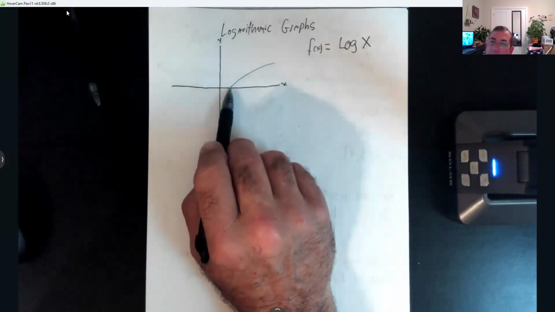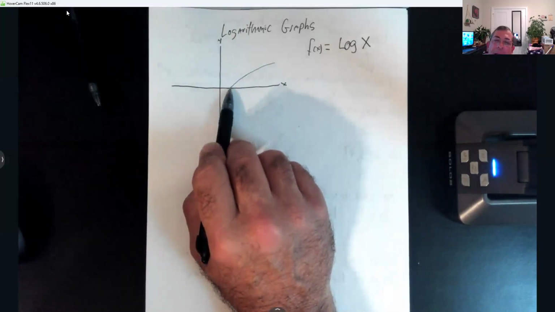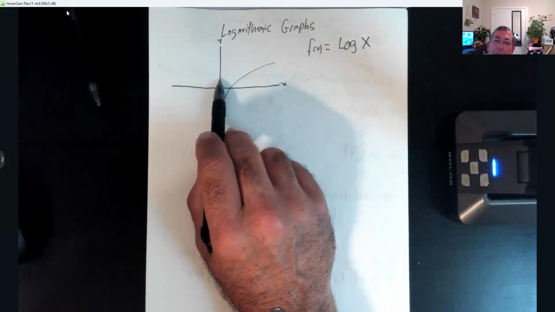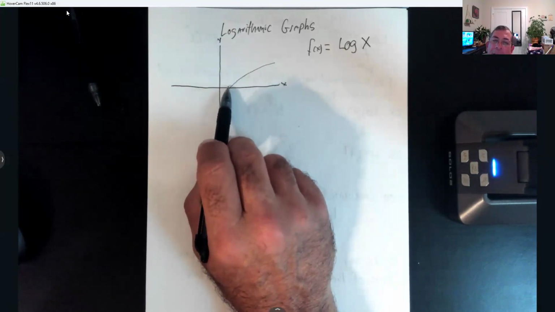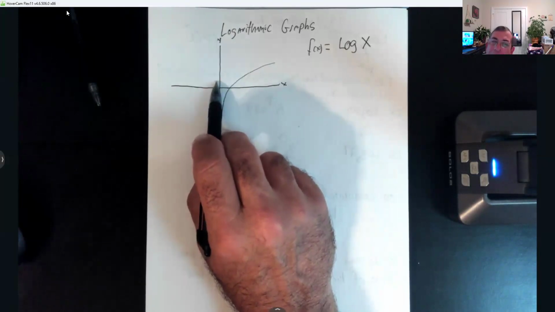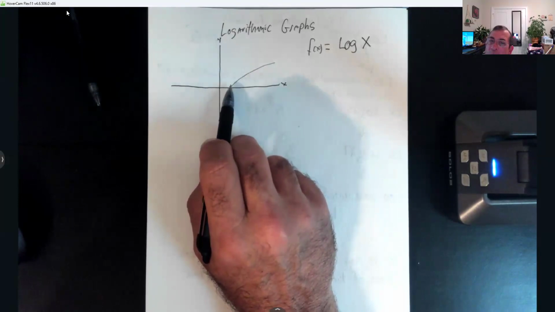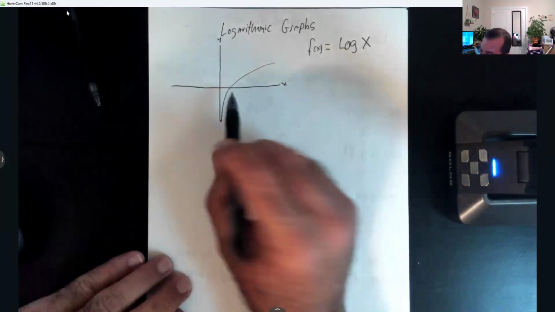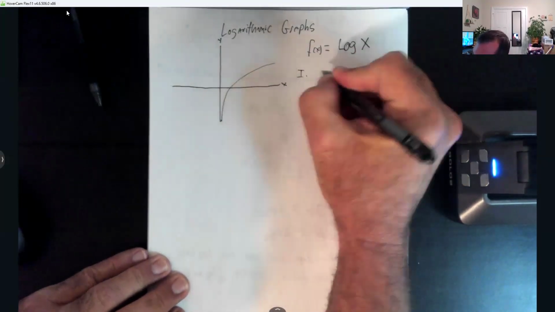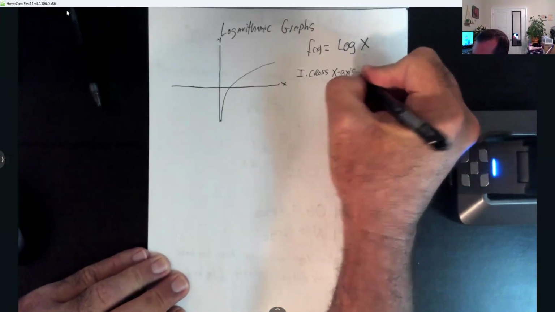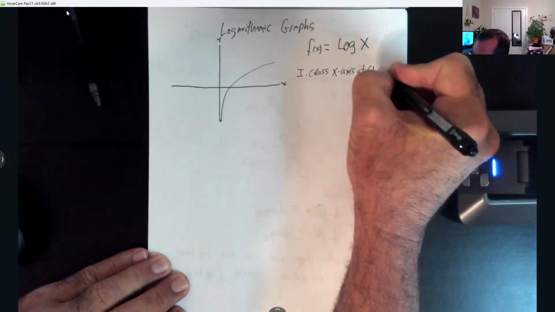And then remember, anything to the 0 power was 1 over here. So if you got a result of 1, that means the exponent has to be 0. So it's almost opposite this one, okay? They all cross the x-axis at 1, 0.